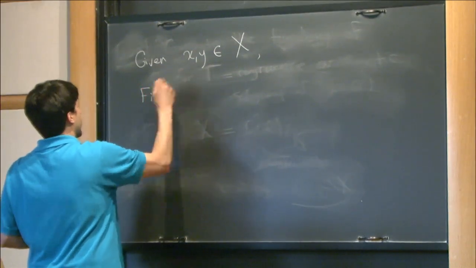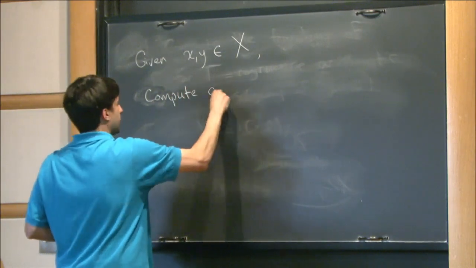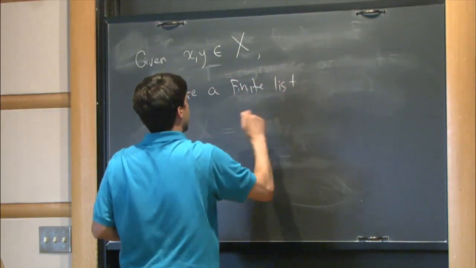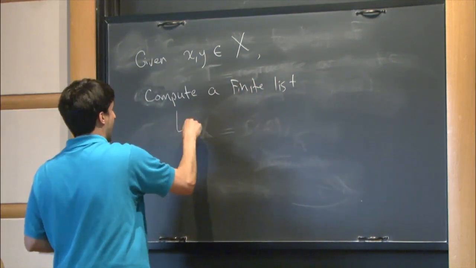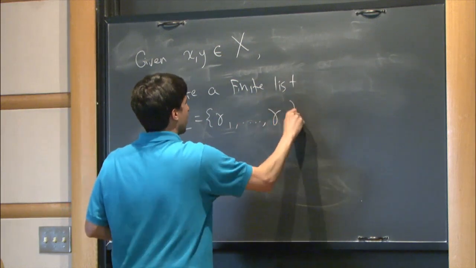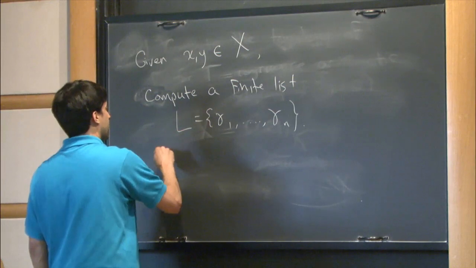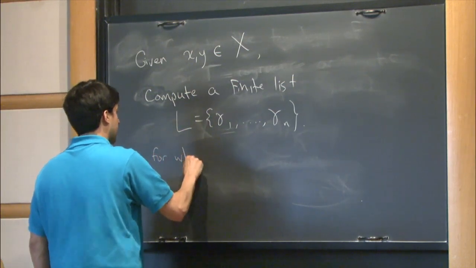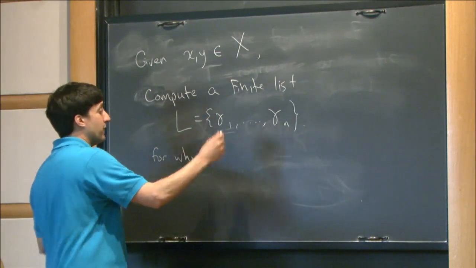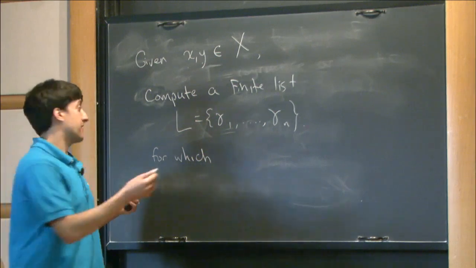So what we do is we compute a finite list, let me call it L, gamma 1 up to gamma n of elements, for which if an element of gamma moves x close to y, it has to be from among the elements of this list.